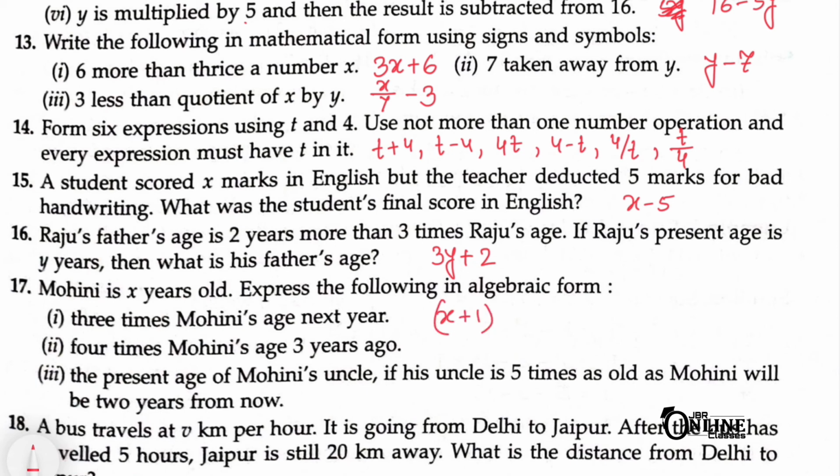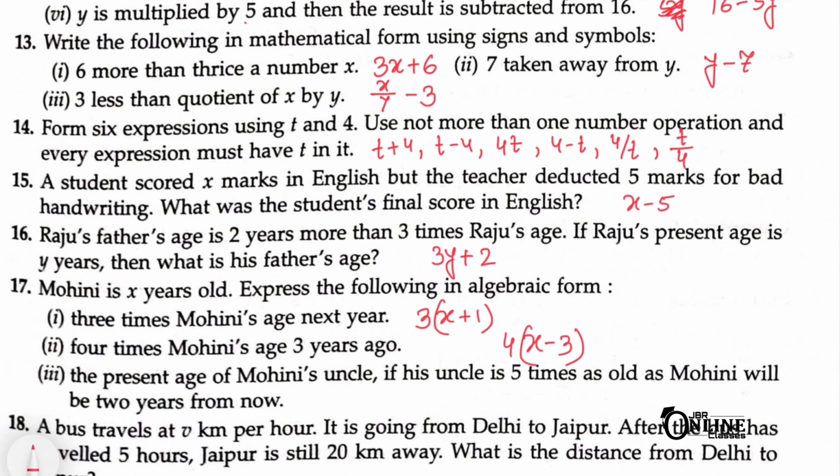And now you have to find out 3 times of that one, so multiply 3 with this one. So 3 into X plus 1, that is your answer. 4 times Mohini's age 3 years ago. So as present age is X, 3 years ago means X minus 3, and now 4 times, that means 4 into this one.